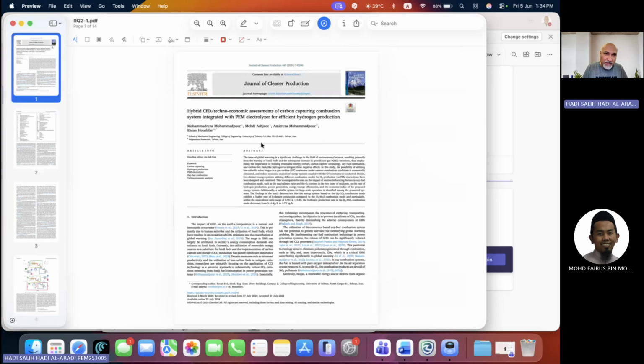That was the name of the paper. This paper was trying to make a competition between the steam and the carbon as a reducer for the temperature in the combustion chamber.